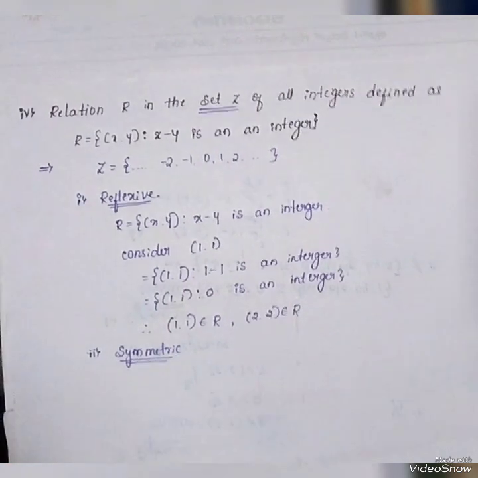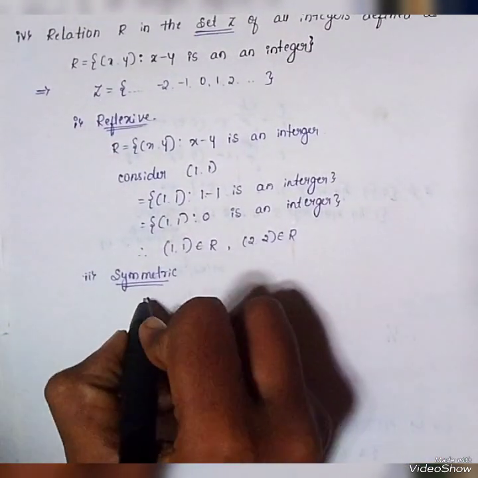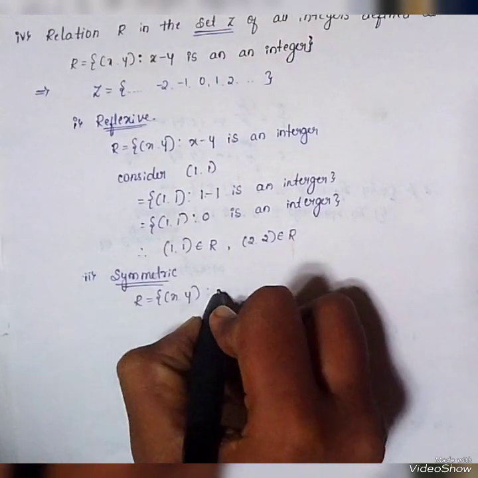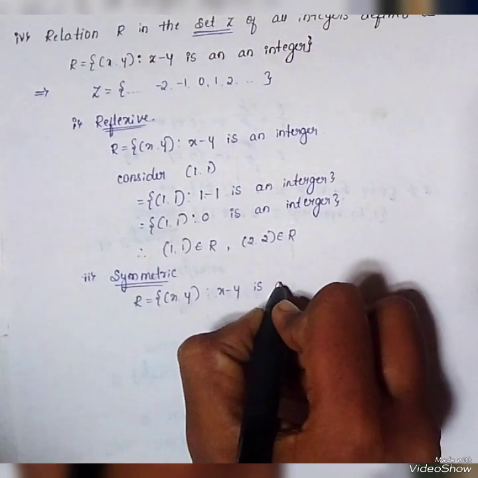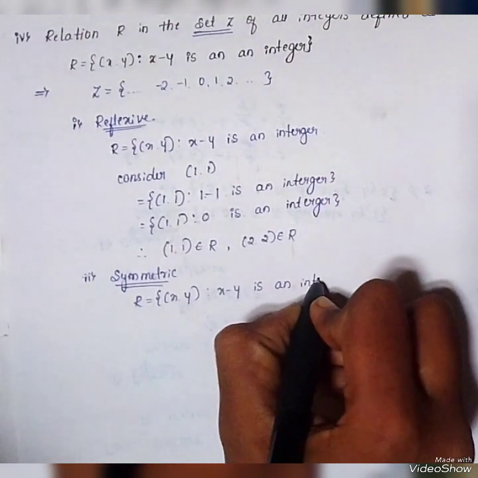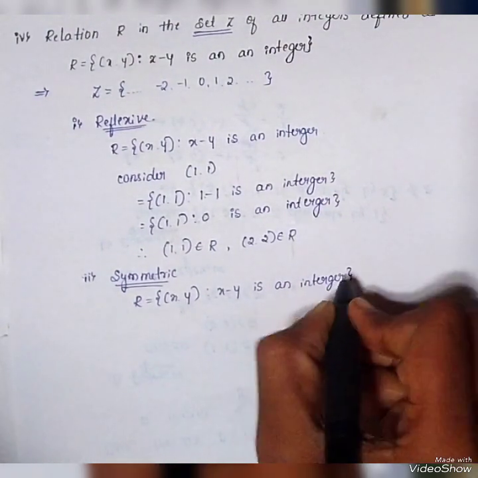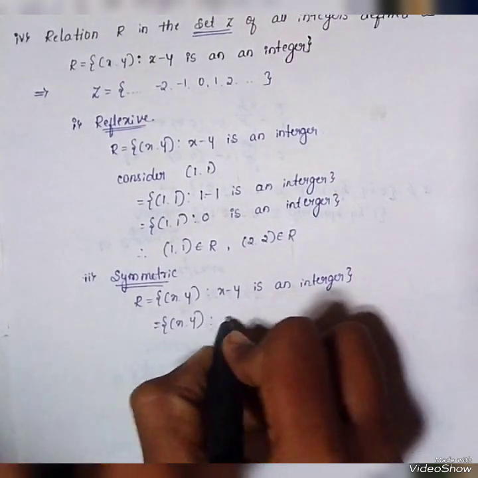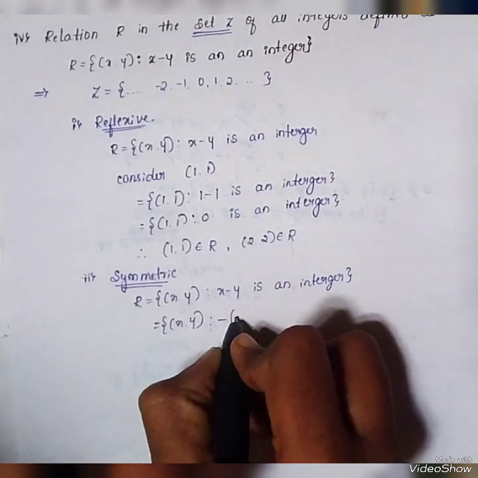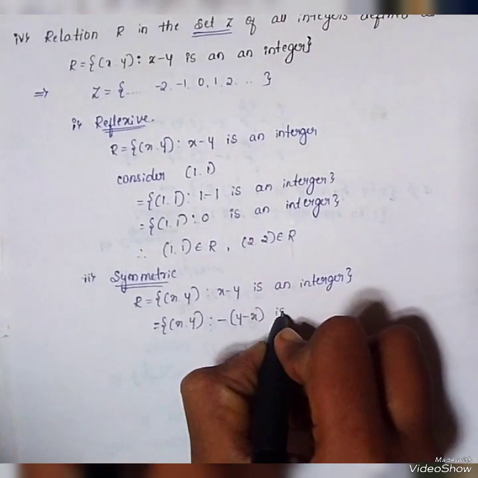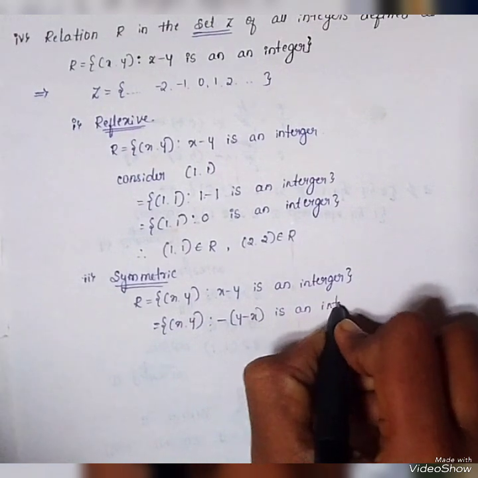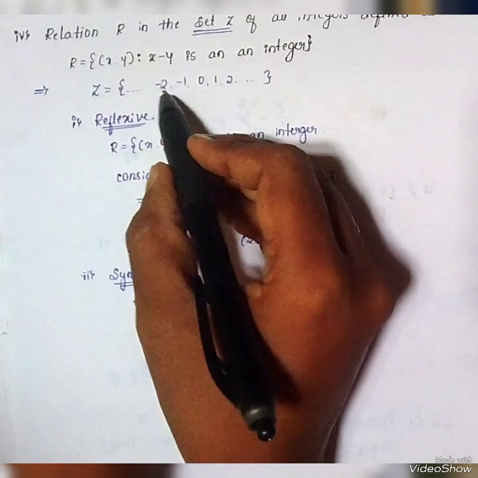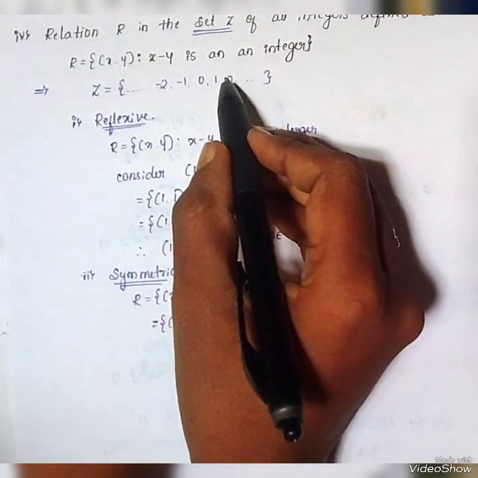Symmetric means, by the condition R equals x comma y such that x minus y is an integer, taking minus common, y minus x is an integer, because we already know that integers contain both minus and plus values.